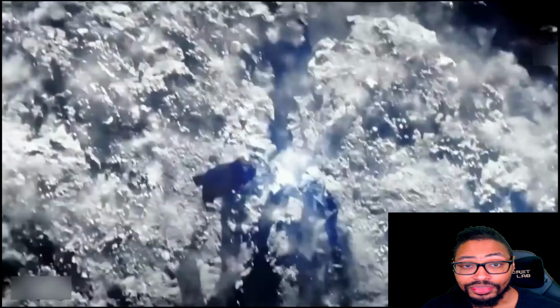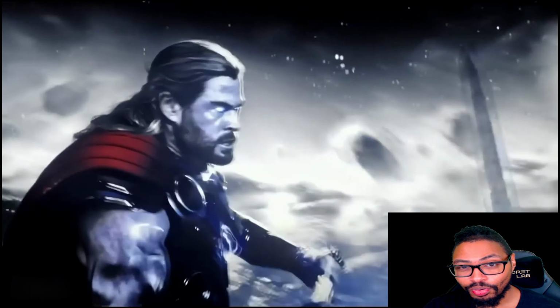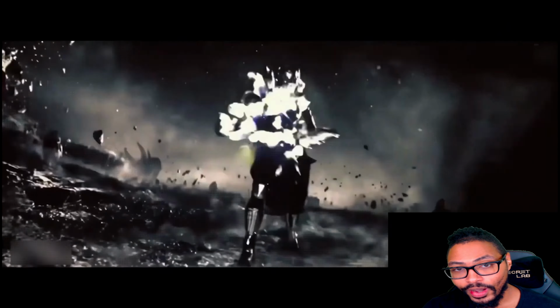Now, I want to talk about the differences, and the differences are pretty widespread, and we can talk about those pretty extensively. One of the first differences that you can see is how he actually gets the Necro Sword.